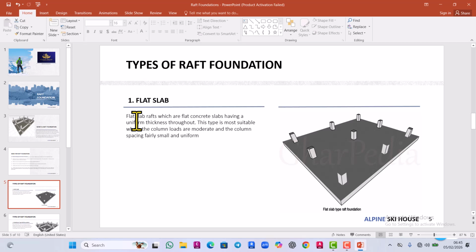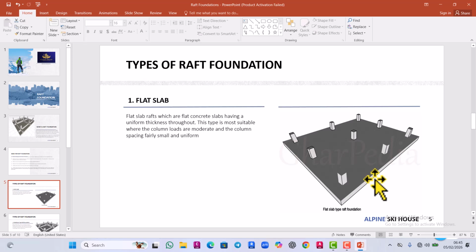This is most suitable where the column loads are moderate and the column spacing is fairly small and uniform. As you can see, the slab is resting directly on the soil, then we place the columns, and it has the same thickness throughout.